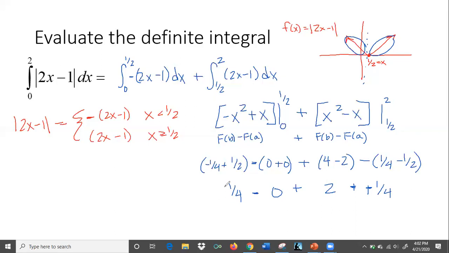Oh, whoops, that's a negative. That's why. Okay, sorry about that. Negative 1/4 plus 1/2 gives us 1/4. So all of this ends up adding to be 5/2, or 2 and 1/2.